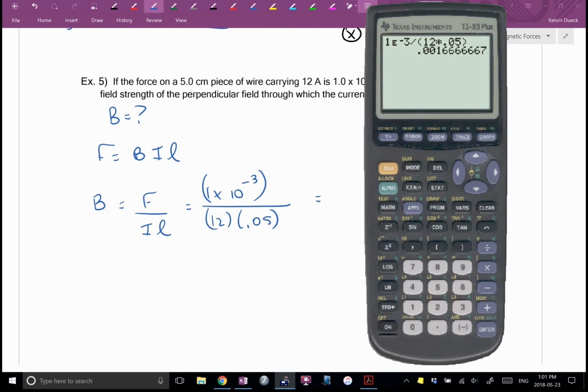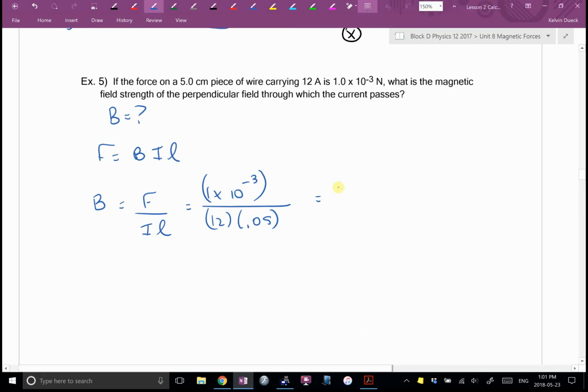And I get 1.67 times 10 to the negative 3 Teslas. Not huge, but not small. About 1,000 times stronger than the Earth's magnetic field. Ish.